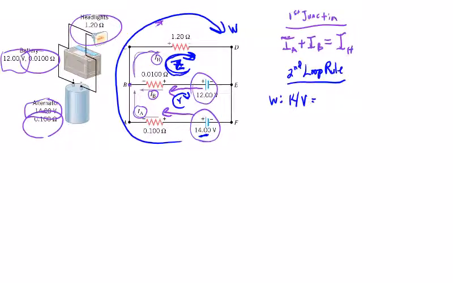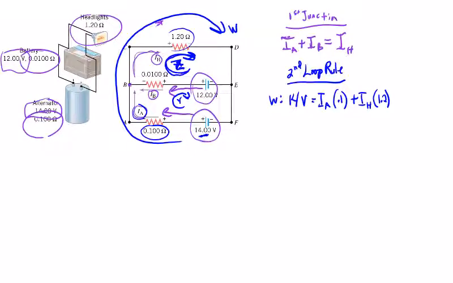And it should equal all the voltage drops. So the drops are the current times a resistance. So I have IA times 0.1 plus, as I come up here to this lamp, I have IH times 1.2.